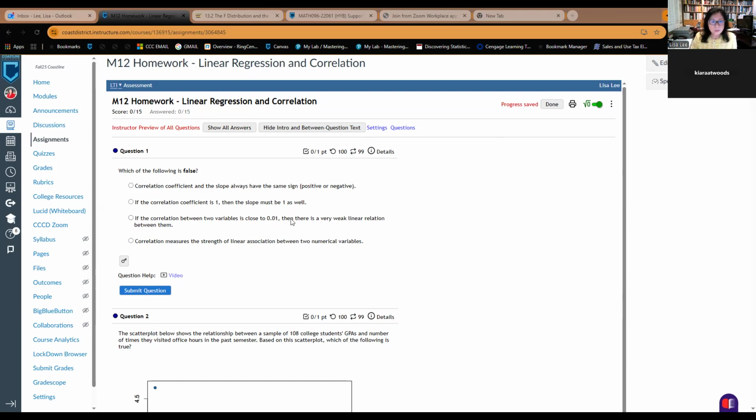So this one is very weak because it's very close to 0. And the correlation measures the strength of linear association between two numerical variables. That's correct. So the only thing wrong is the second one.